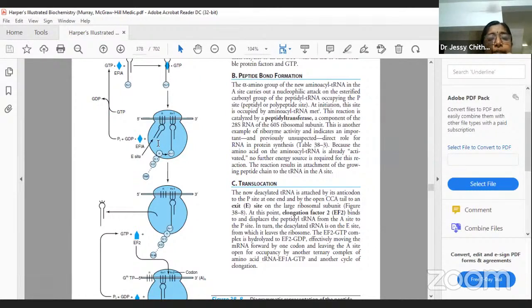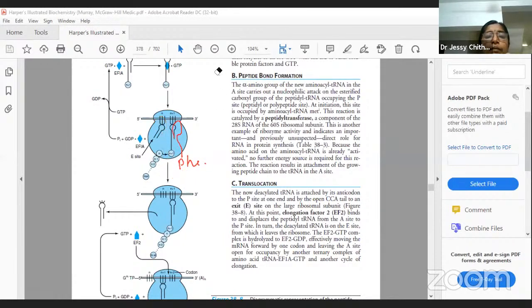The amino acid that is attached at the P site will form a peptide bond with the amino acid occupying the A site. Here it is methionine at the P site, and here it is phenylalanine at the A site. So the methionine will form a peptide bond with phenylalanine.